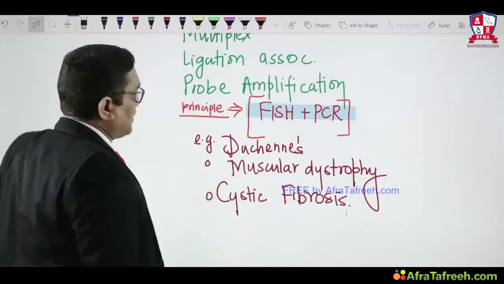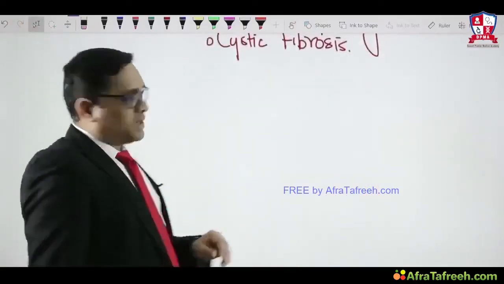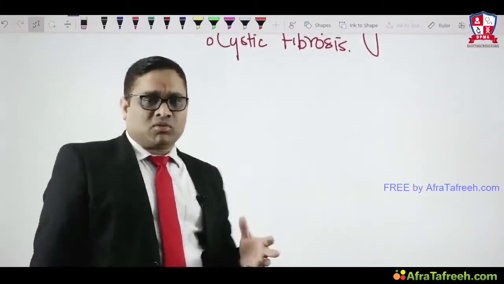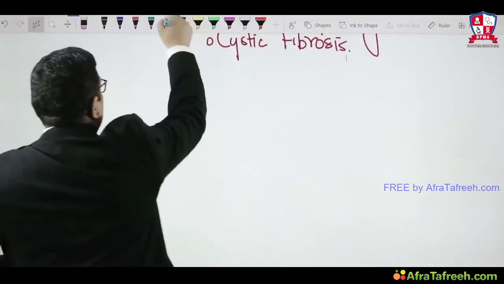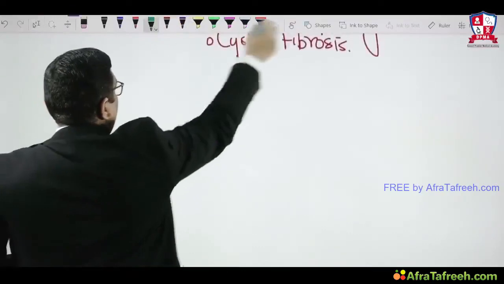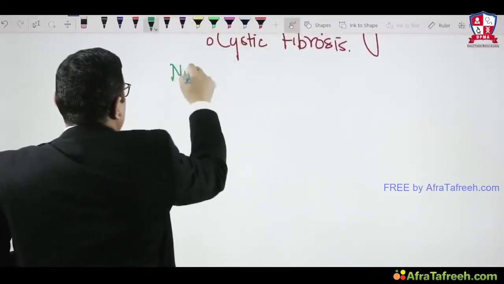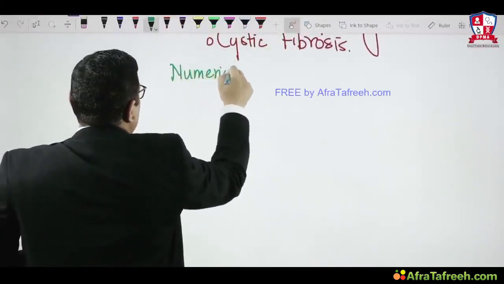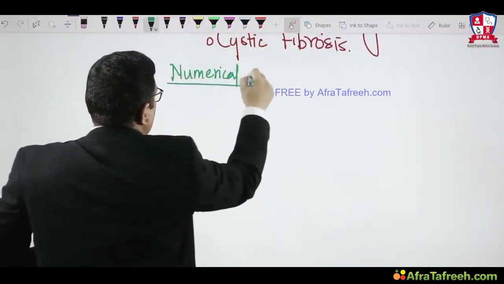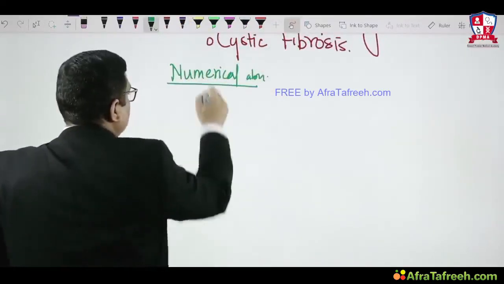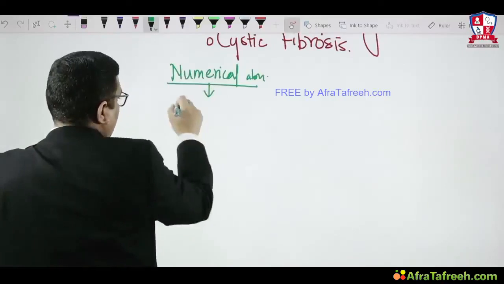Now we will move to the structural and numerical abnormalities of the chromosome. In numerical abnormalities of the chromosomes, we will deal with certain abnormalities.